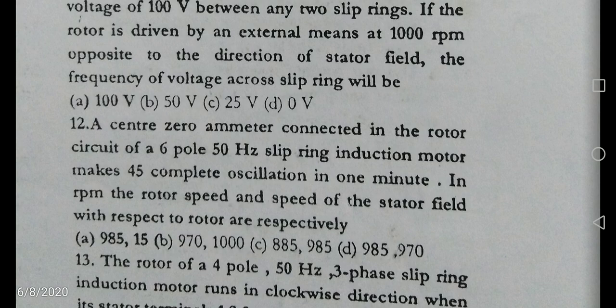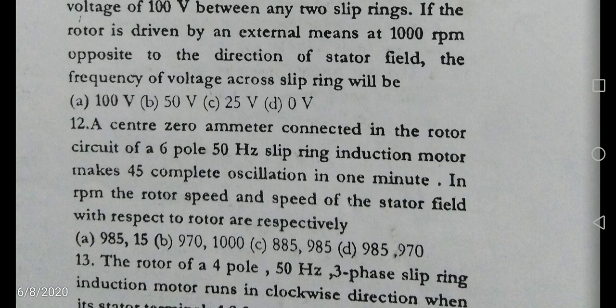So for a 6-pole 50 Hz induction machine, NS value is 1000 rpm. And here 45 complete oscillations means 45 by 60, that equals 0.75. 0.75 is the rotor frequency.